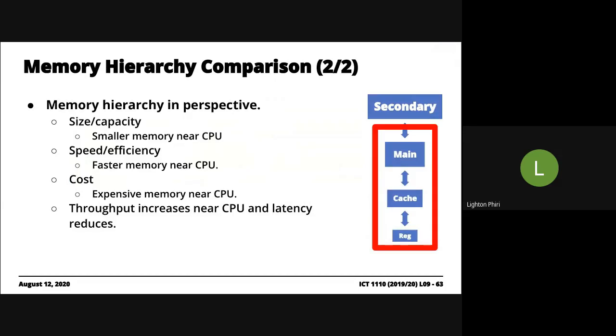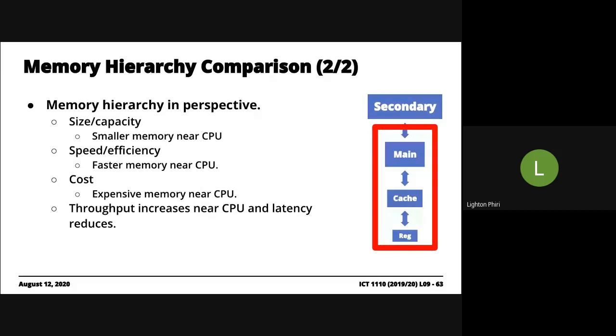Okay. Again, in terms of memory hierarchy, let's always remember that these different memory components are best understood from the perspective of three key aspects: the capacity of the component, its throughput, speed or efficiency, which is one and the same thing, and the relative cost.